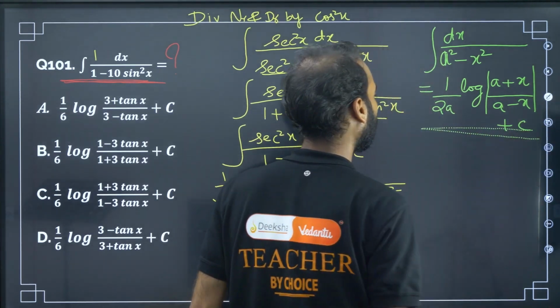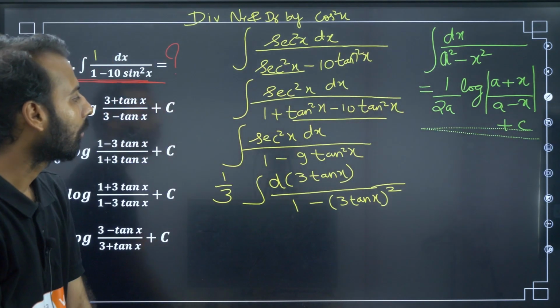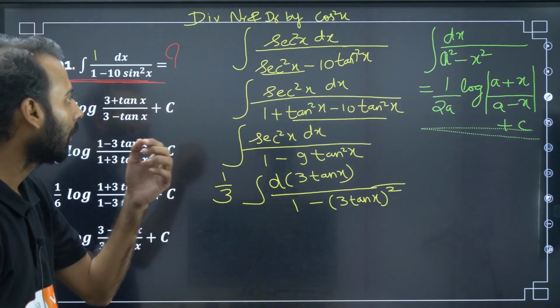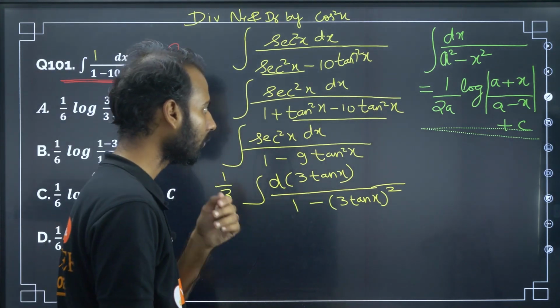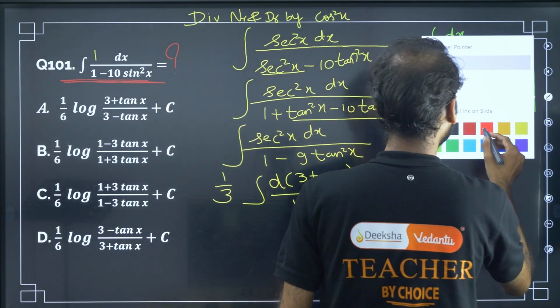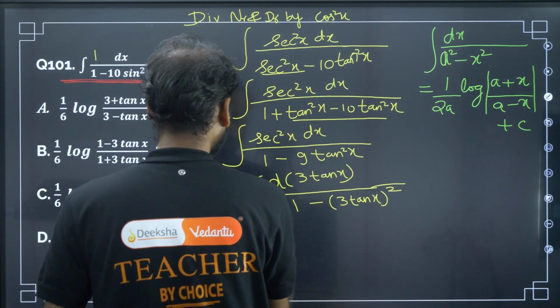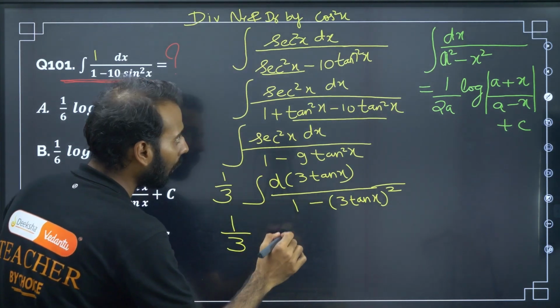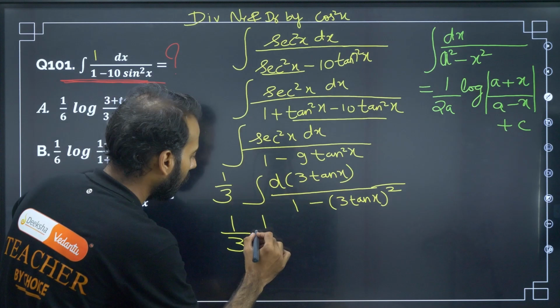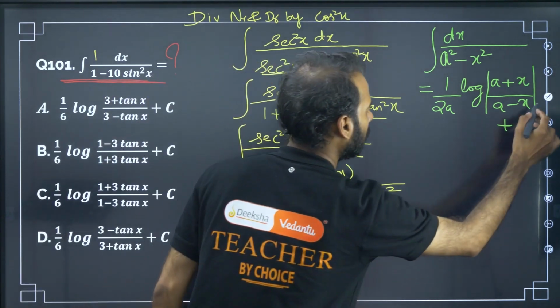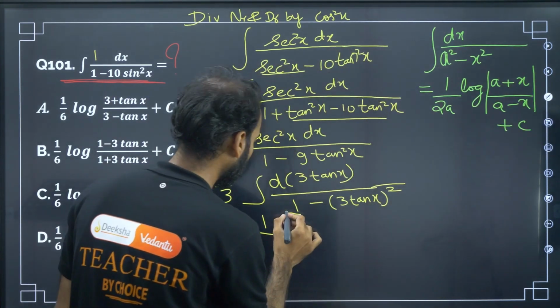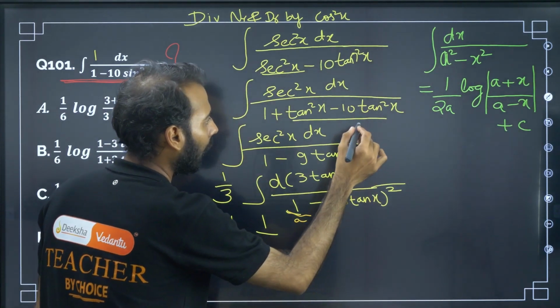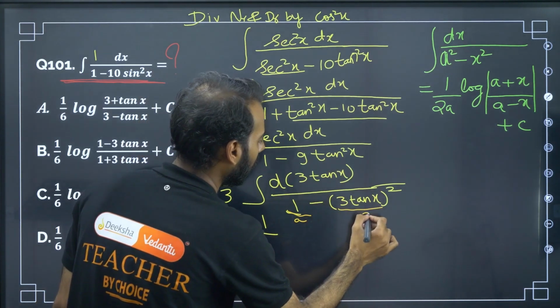Now you relate this and that. We are left with 1 by 3, let me keep it as it is, 1 by 2a, where this is acting like a and this is acting like x.